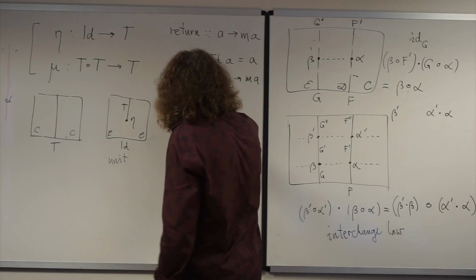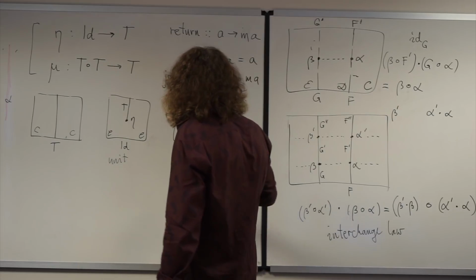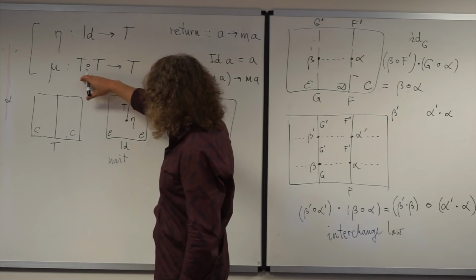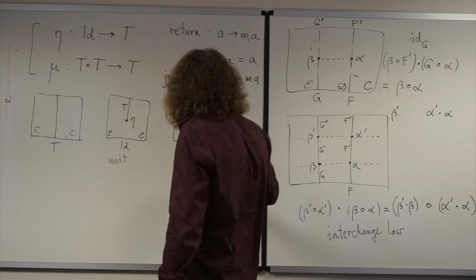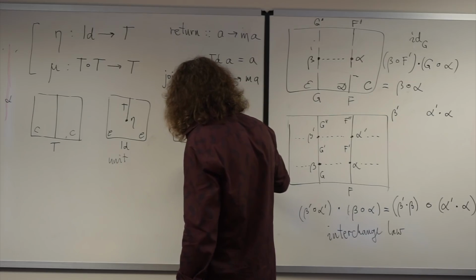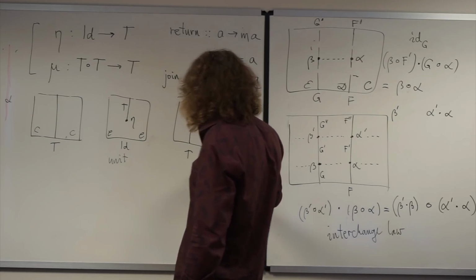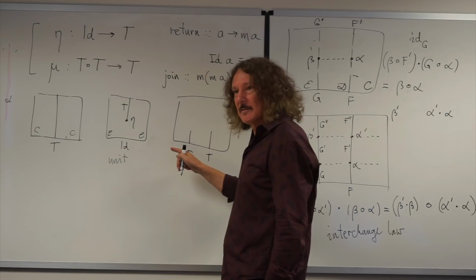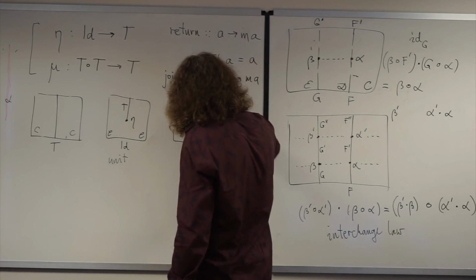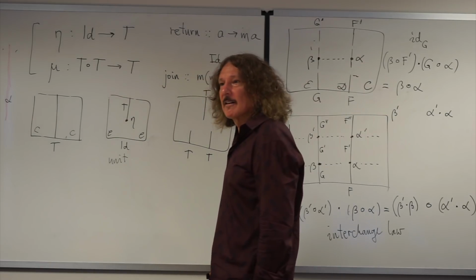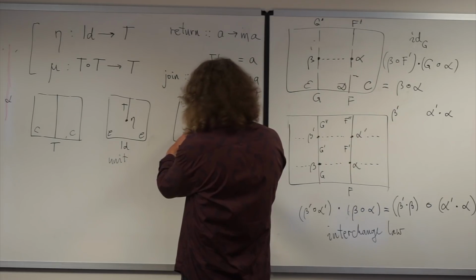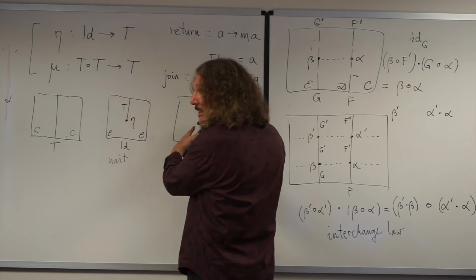Now this thing: at the bottom it will be a natural transformation mu going from T after T. So we'll have T and another T, the composition of T with T. At the top, we have a single T. So a natural transformation goes from this stripe, T after T, to this single line.